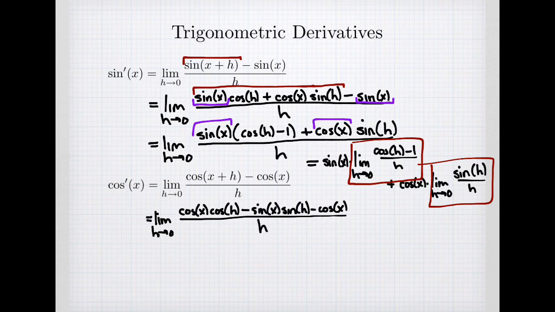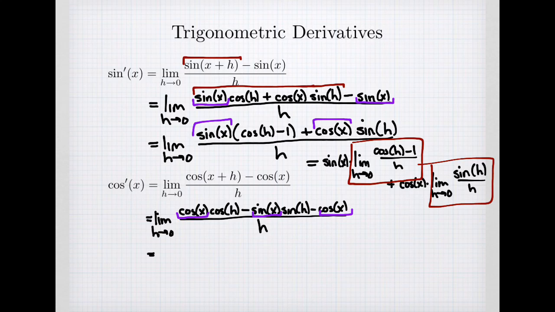And again, I'm going to look for common factors. So I can factor out my cosine. It appears twice. And then I have a constant sine that's not changing with h.